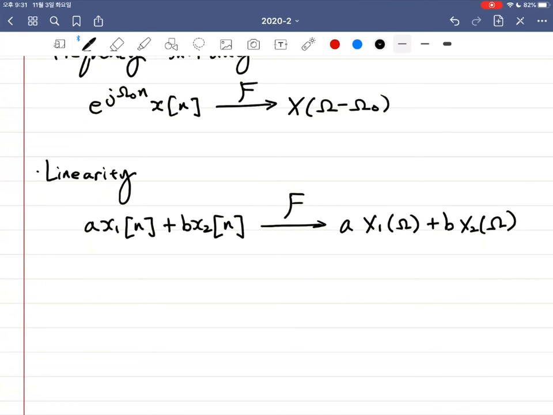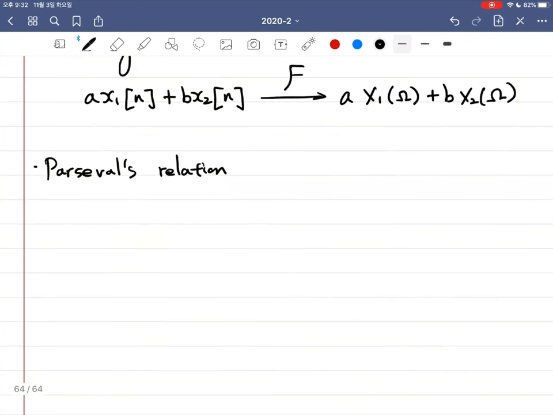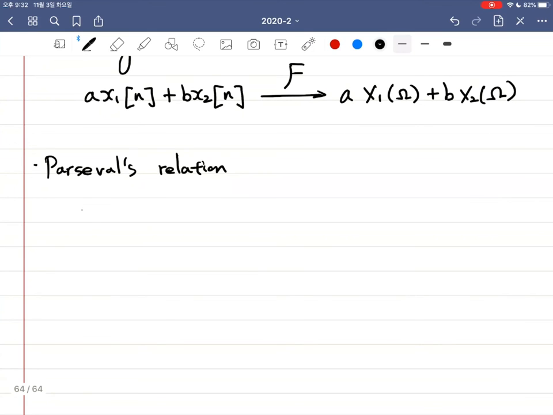Parseval's relation is also valid for discrete time. It's about the energy in the time domain being proportional to the energy in the periodic Fourier transform. So I'm not going to do the proof this time either, but I'll write down the statement.